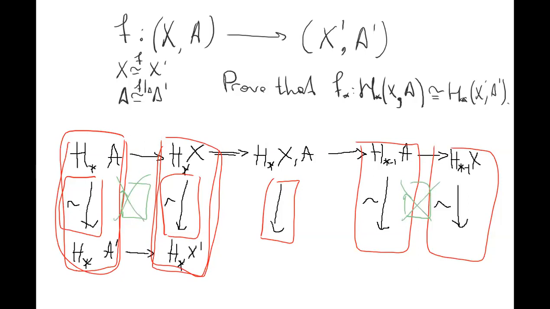Sorry? Okay, Ananya wants to ask. Why did you say that it's not exact, the middle one? Well, in problem 1, it is necessary for all squares to commute.